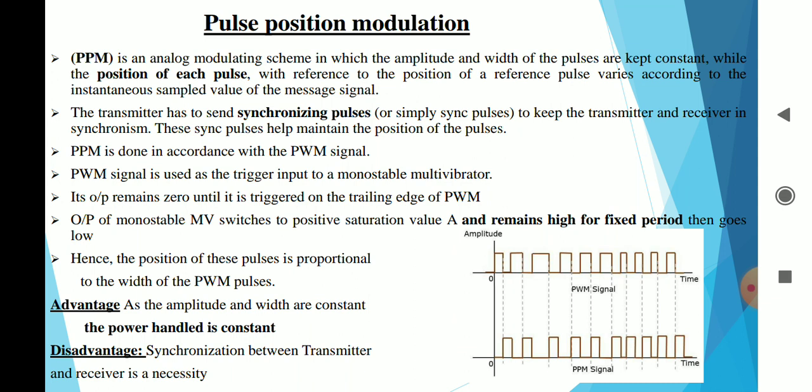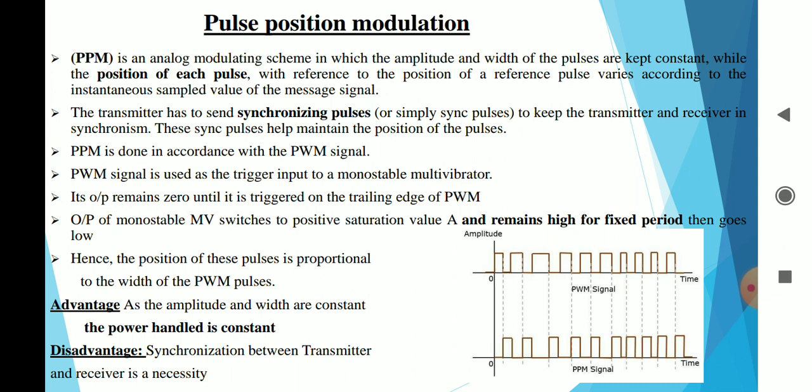So whenever the trailing edge of the PWM signal is obtained, this monostable multivibrator becomes active and moves to the on position, maintains that position for a short duration, and again comes back to the off position. That is, initially the monostable multivibrator will be in the zero position until it identifies the trailing edge of a PWM signal.